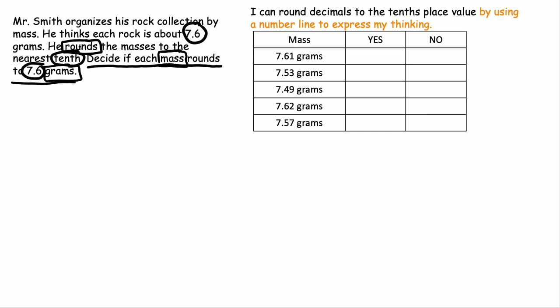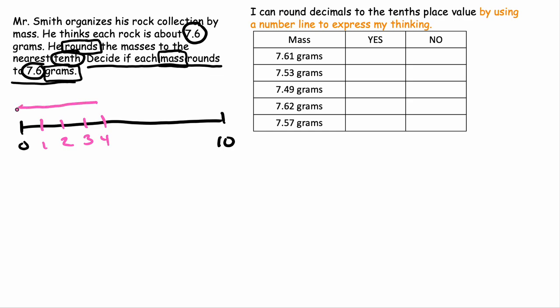Time to evaluate. When I think of rounds, I'm going back to my previous grades to think about what rounding means. We'll first start off with a number line from 0 to 10. Anything with a digit of 0, 1, 2, 3, or 4, we're rounding down.